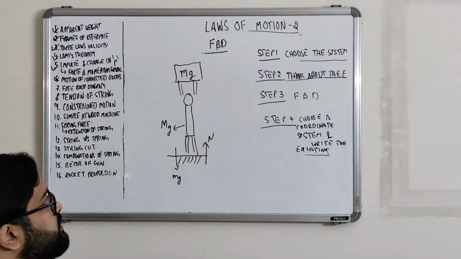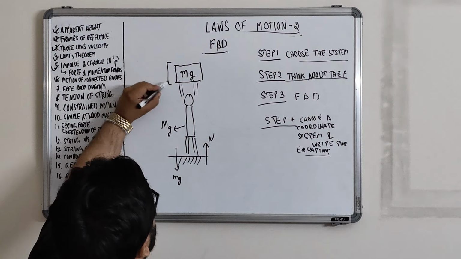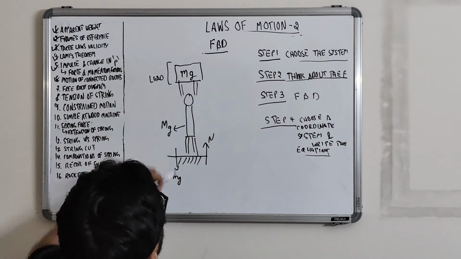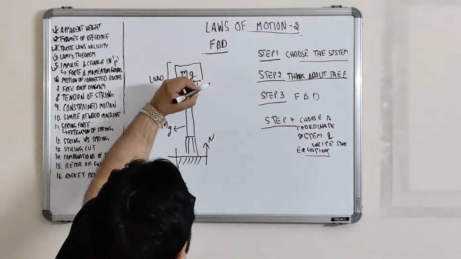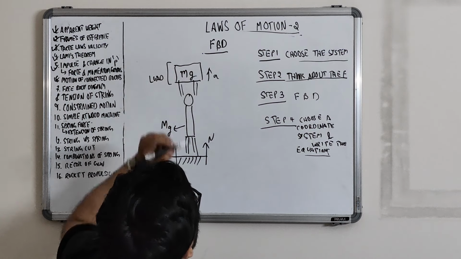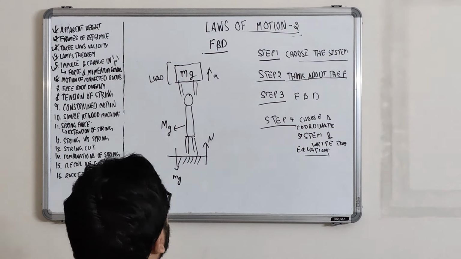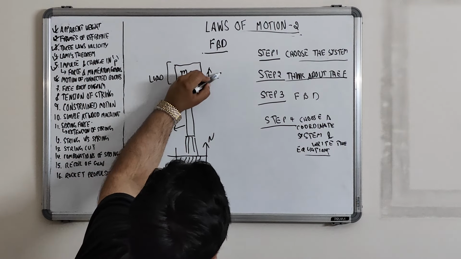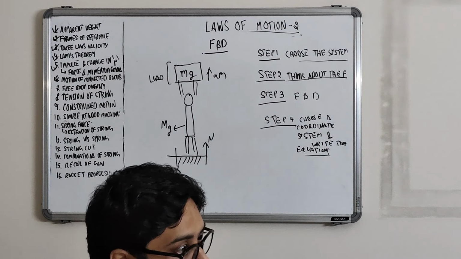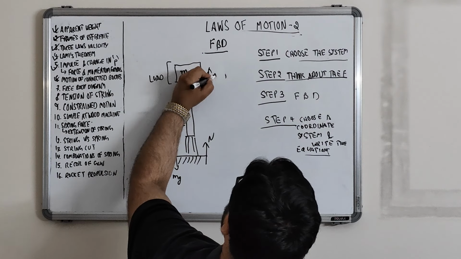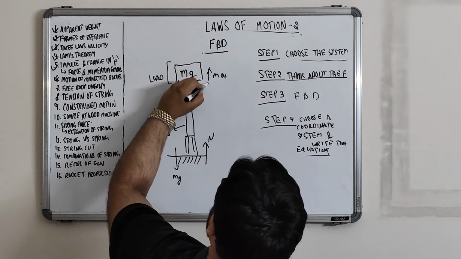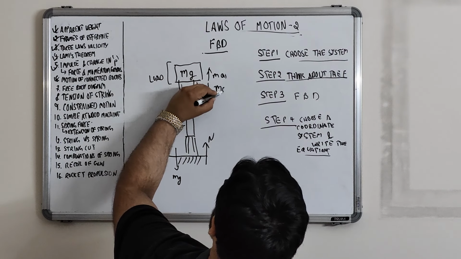So let us think about the systems. The first system is the load. It's experiencing a force by this boy, so it's moving up with an acceleration a, right? Its mass is m, so ma. And its weight is downwards, so mg.